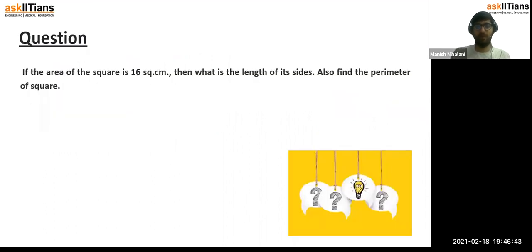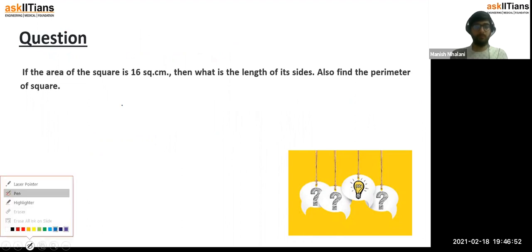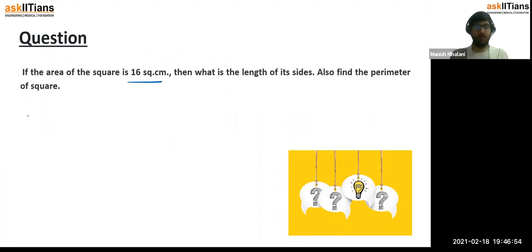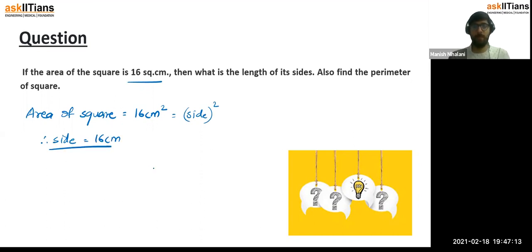Based on this, let's quickly solve a question, right? The area of a square is 16 centimeters square. This is given to us. We have just discussed the formula of the area of a square, which is side squared. Therefore, side will be equal to 16 centimeter, right?